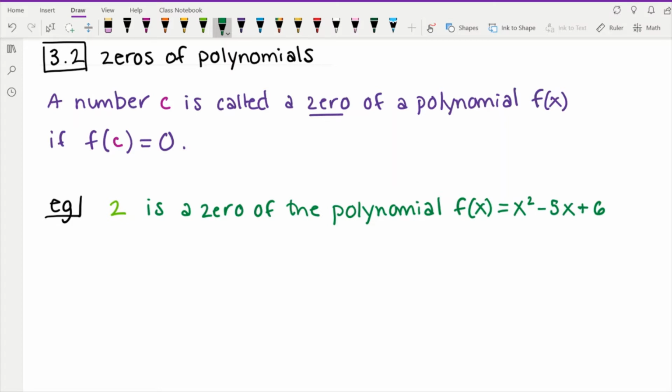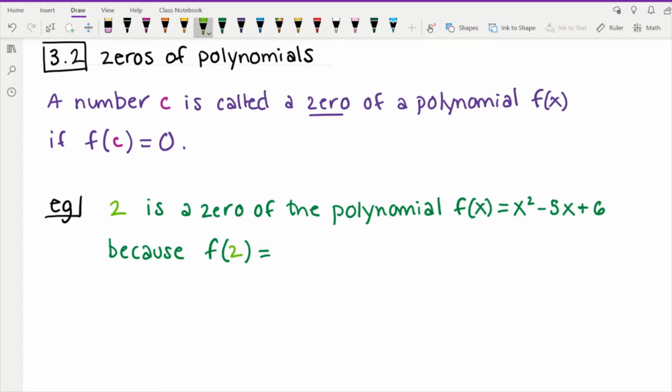Okay, so how could we verify this fact? How could we use the definition that is written in purple to show that 2 is a zero of this polynomial? Well, we just have to plug it in, right, and show that we get 0. So f of 2 is equal to, and then we can just see what we get when we plug that number in.